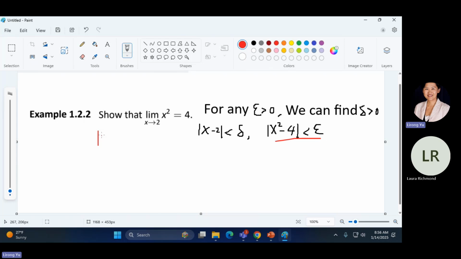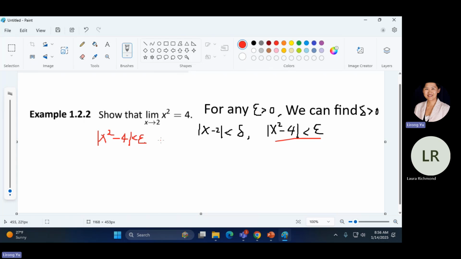So we start with the absolute value of x squared minus 4 less than epsilon. Suppose for any epsilon, you have this inequality you want to achieve. You want to make this happen, and then we want to verify it is possible whenever x minus 2 is small enough. So how do we do this? We can go by the earlier discussion that you can simplify this by dissecting the absolute value.